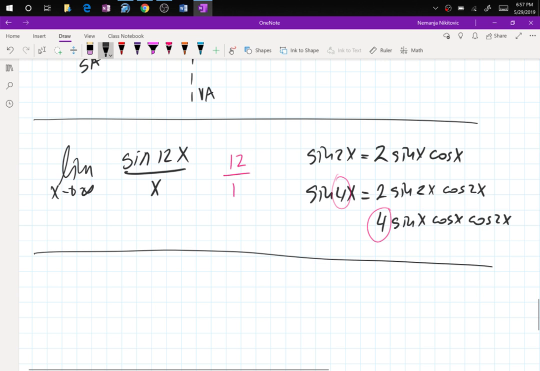We can define, but see, the problem is that you are going to have 1 over x and 1 over x, and at infinity, that's 0. It just doesn't work. Squeeze theorem works at a point, right? Because you can't squeeze something at infinity, because sine 12x is bounded by -1 and +1, and at infinity you don't know which one of those, or all of them in between, right?